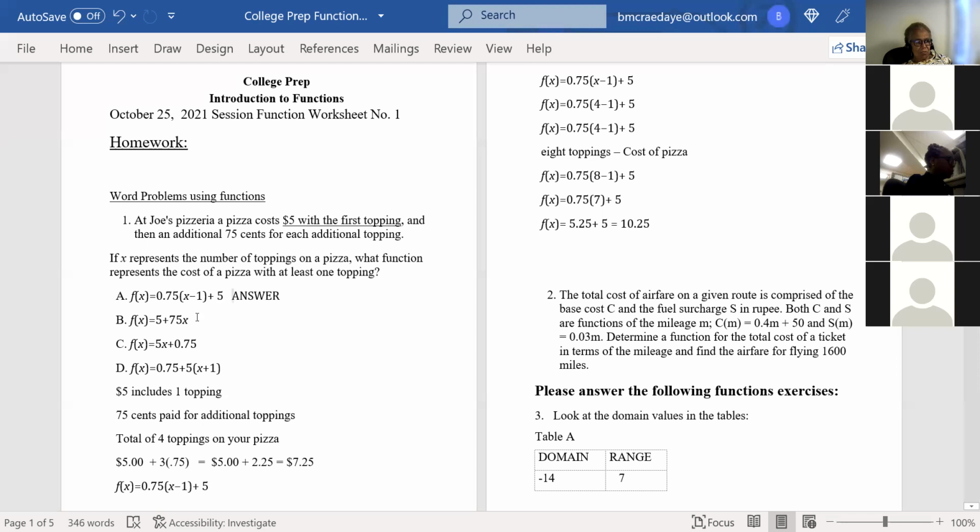So it's really in the format of y equals mx plus b, except instead of y, we call this function of x, where this is your output and this x is your input. Why is this equation correct for what we were given?